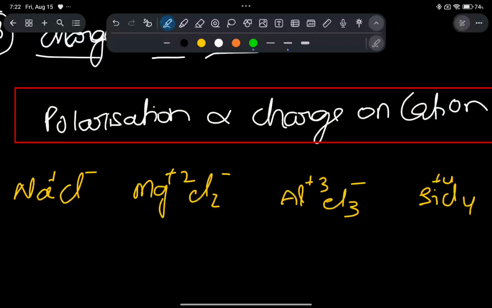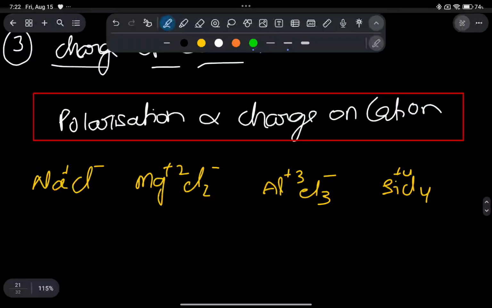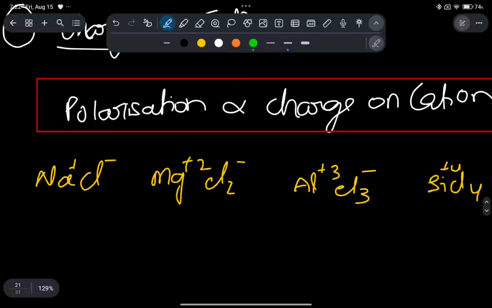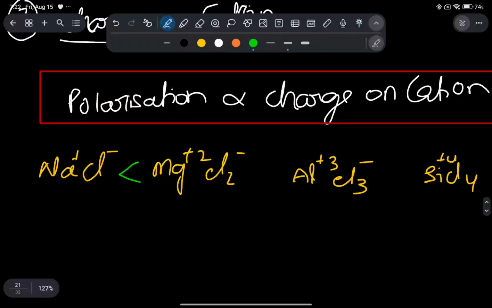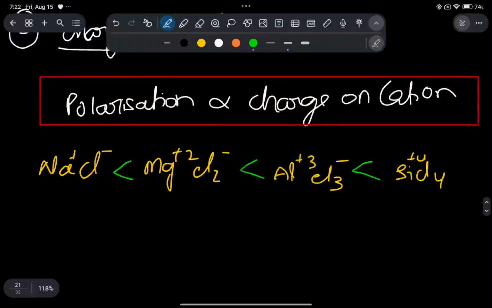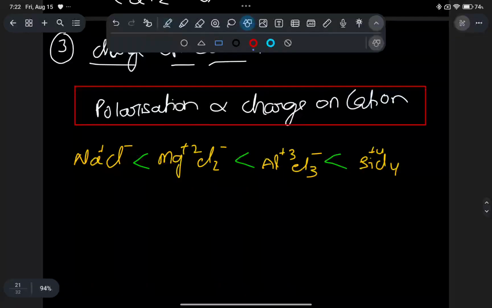It favors covalent character more. An ionic bond forms when there is a low charge. So as the charge of the cation increases, it forms covalent character, and covalent character means polarization increases.